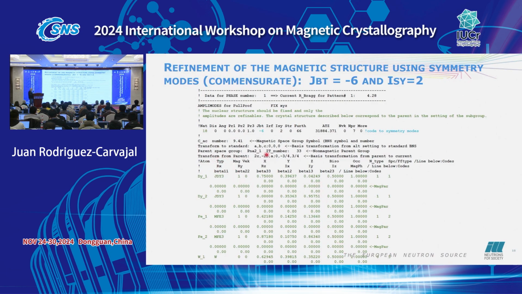You see here magnetic space group symbol. You have the symbol, and you have also transform from parent, and then FullProf uses this information in order to construct the magnetic space group corresponding to this particular setting that we want to use, that normally we have selected in isodistort a way to conserve the setting that we have in the parent structure, in the paramagnetic structure.